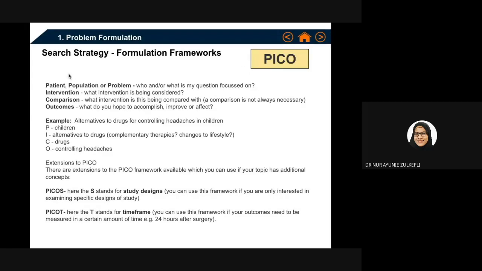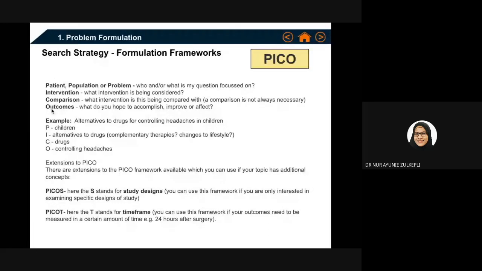So P stands for the criteria for patient, population, or problem. Who and/or what is my question focused on? I is intervention: what intervention is being considered? C is comparison, and O is outcome. For example, you have your topic here: alternatives to drugs for controlling headache in children.